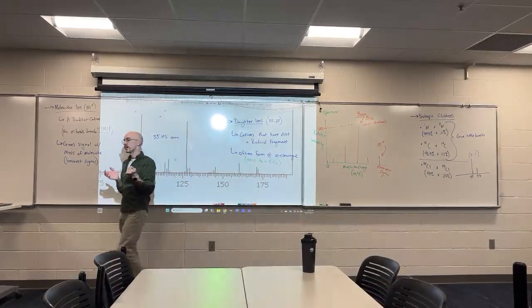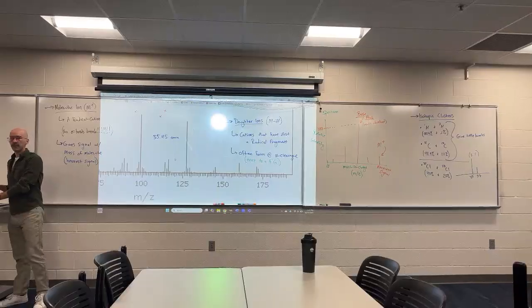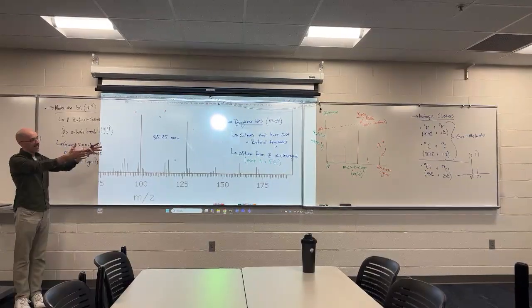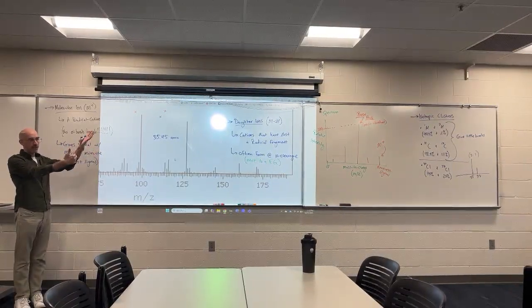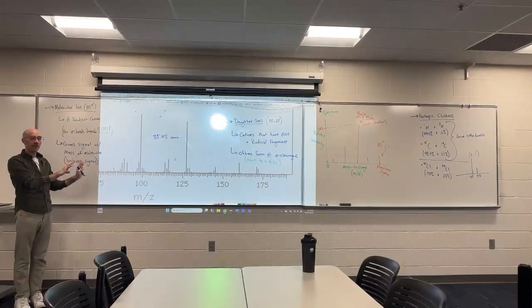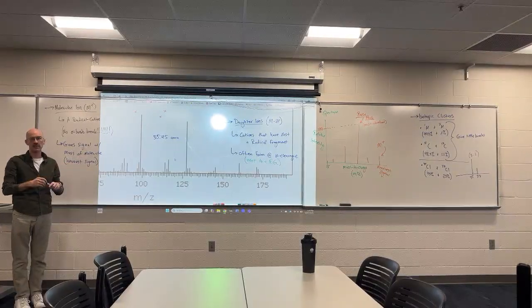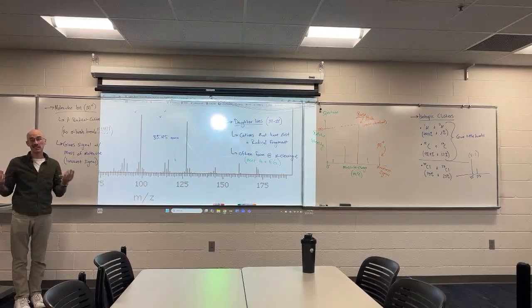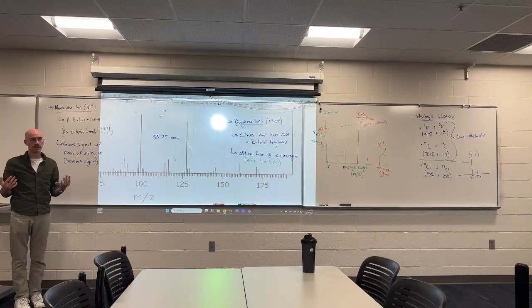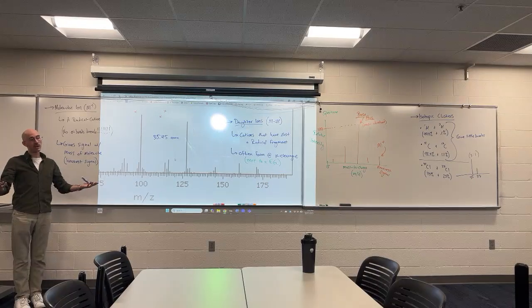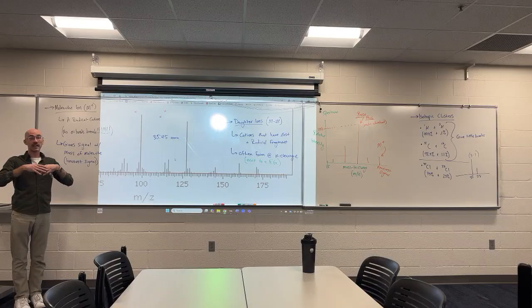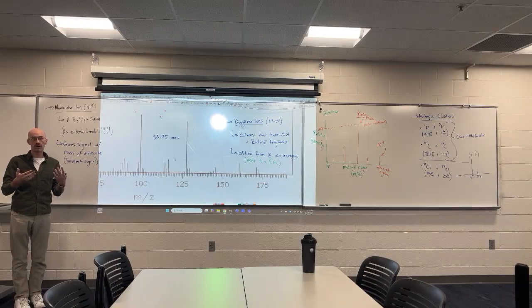The thing is, you will almost never see an isotopic cluster of 3 to 1 at a mass of 35 and a mass of 37, because chlorine doesn't like to be a cation. But if chlorine is a part of the organic structure, then the entire organic structure has this ratio of 3 to 1.